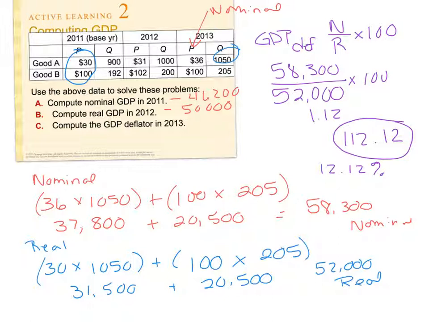So if I strip off the 100, I am left with 12.12. Many times on CNBC and so on, they will talk about basis points, and that's what this basically means. We can interpret it because our base year was 2011. That's why I said inflation was over that time period, because they asked me for the GDP deflator in 2013 using 2011 as a base.